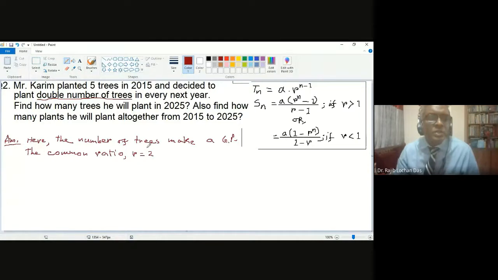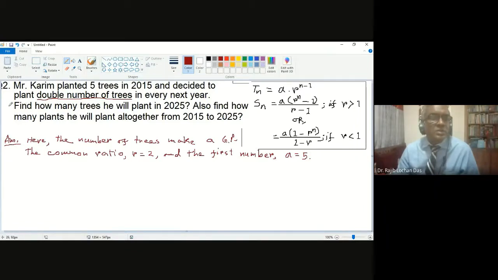It is given. And the first number, that means a, in this case a is actually 5. So that was the first number. These two things are already given in the question. Now you understand this is GP. Now you answer the question.